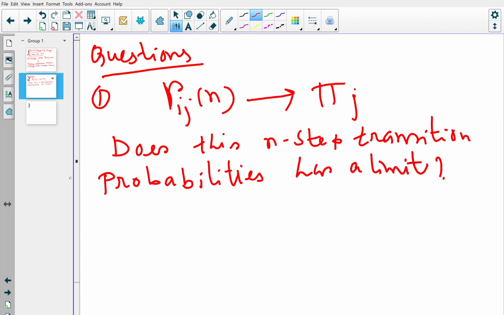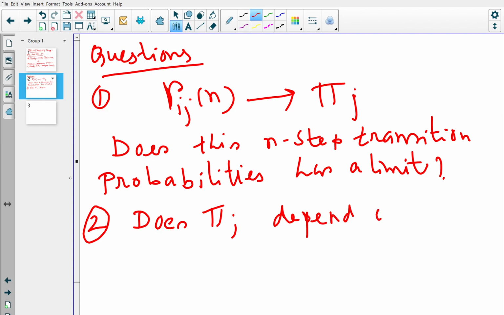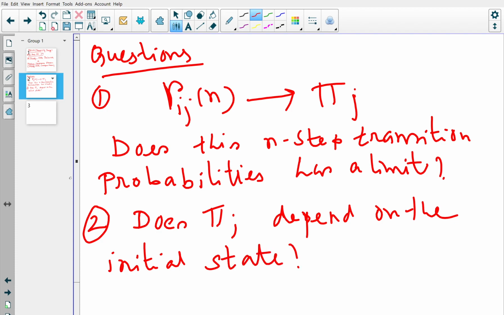Or you can ask: do these pi_j's depend on the initial state or not? The way I defined the limit, it does not depend on the initial state, as we will see after some time. These are natural questions to ask, and we will see that it may or may not be the case. Let me give an example, then you will understand.